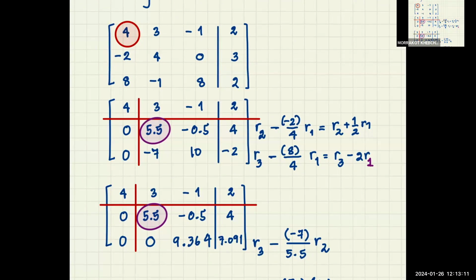It's negative because here is negative. It's not this one. This -2 comes from 2 minus 2 times 2. So you get -2.